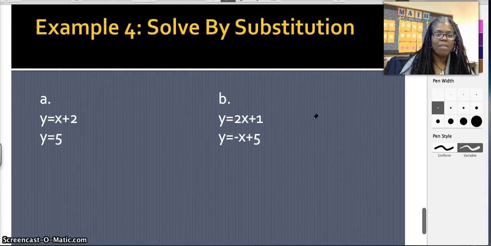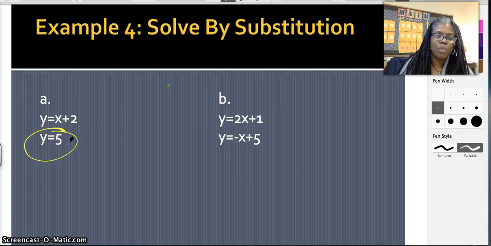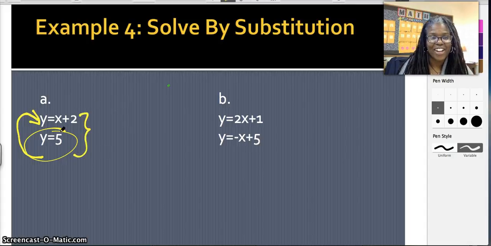Finally, this is what I've been waiting for. How do we solve problems by substitution? This is pretty basic. If I have the equation y is equal to 5 and the equation y is equal to x plus 2, since y is equal to 5, I'm going to substitute it right in here and solve. So I put a 5 there: 5 is equal to x plus 2.